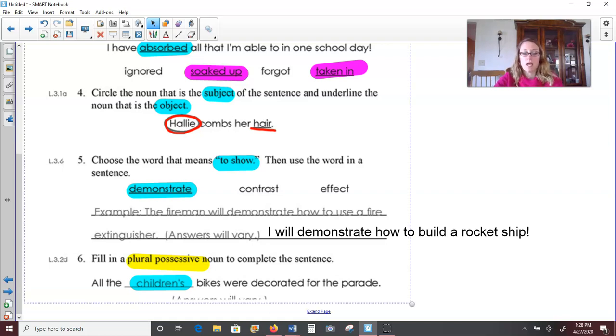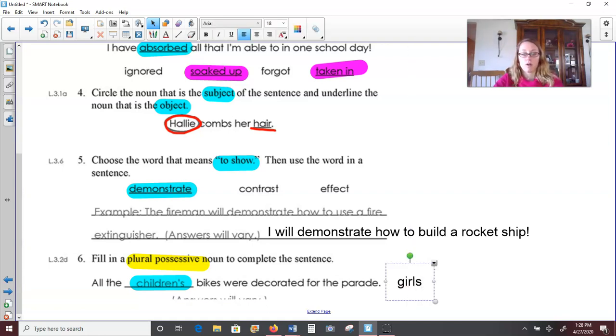You could have said all of the girls' bikes, and you would make girls plural by adding an S and then the apostrophe to show that there is ownership. All of the boys' bikes were decorated. So again, you would put an S on boy to make it plural and then the apostrophe.